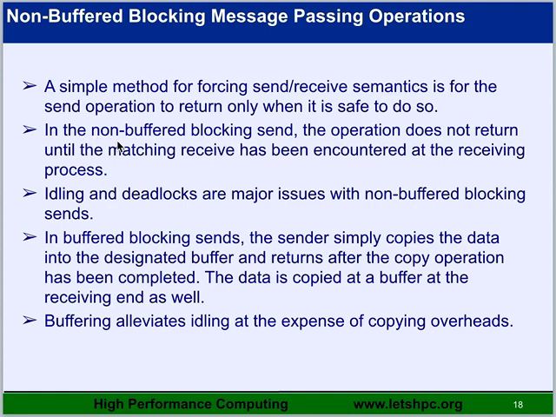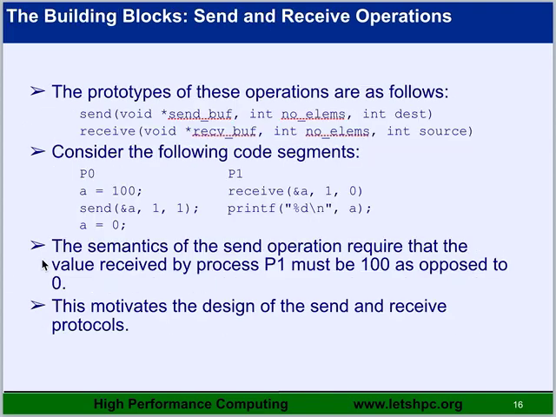In the non-buffered blocking send, the operation does not return until the matching receive has been encountered at the receiving process. If you look at this particular example, this is the send operation. Unless this is received by process P1, it will not proceed to this operation, that is a equal to 0.